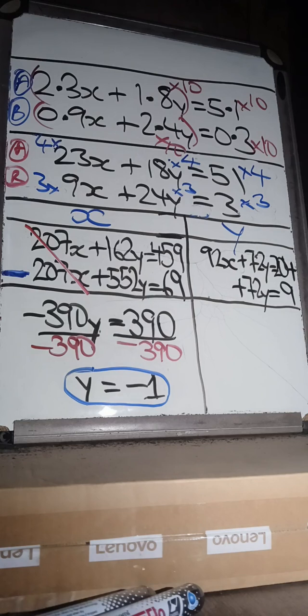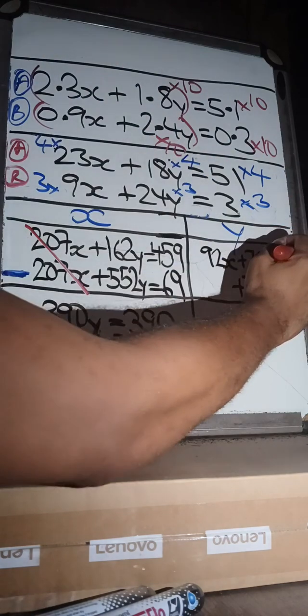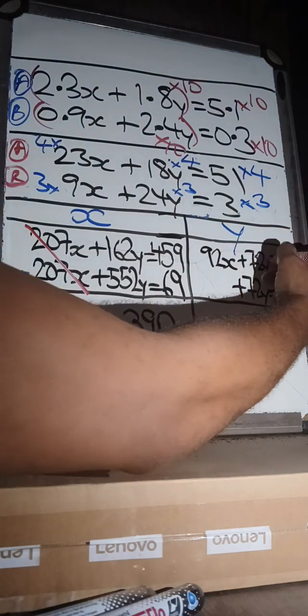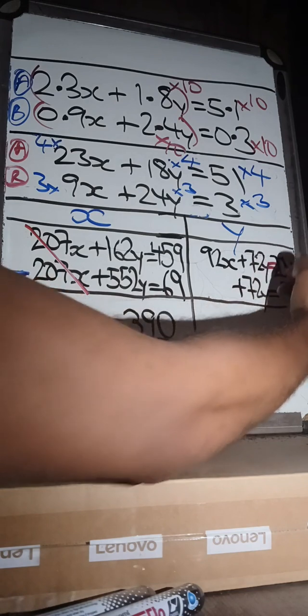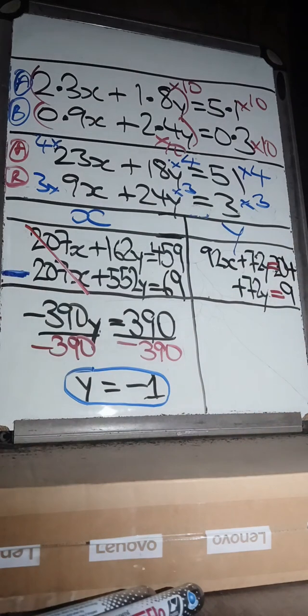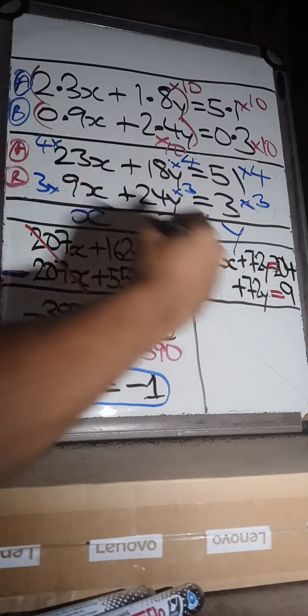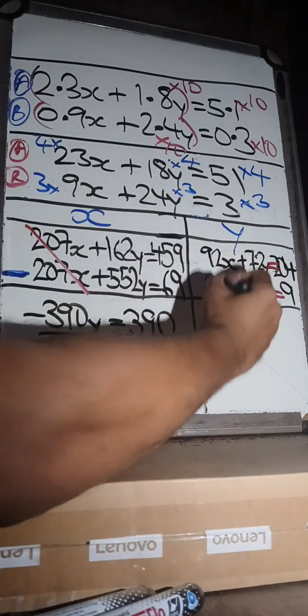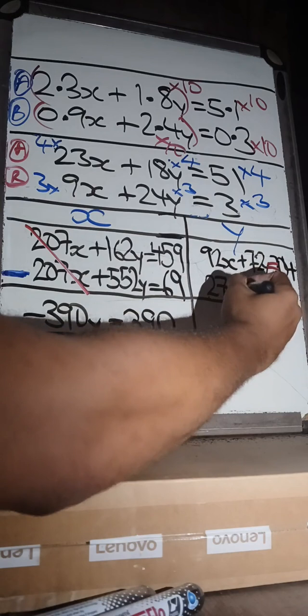Hold on here. Let me see if I can use a little color to. There we go. 3 by 3, 9. 3 by 24, 72. 9 by 3, 27.